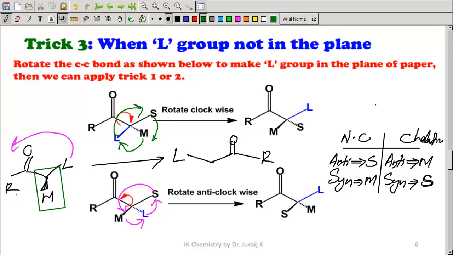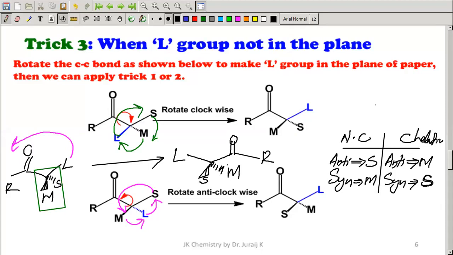Actually, you are doing a C2 rotation. In this situation, your medium group is in the wedge portion and the small group in the dash portion. If you do this end-over rotation, what will happen? Stereochemistry will be changed. That means your small group will be in wedge, and the medium group will be in dash.